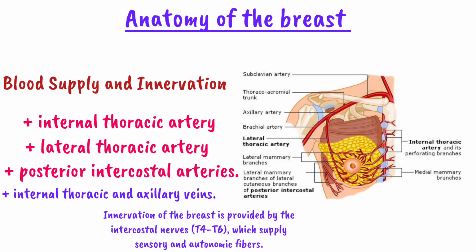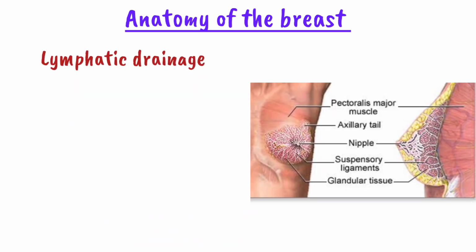Now let's move over to the lymphatic drainage of the breast. The lymphatic drainage of the breast is actually crucial to immune function, and it also plays a significant role in the spread of cancer. Lymph from the breast drains into three major regions.